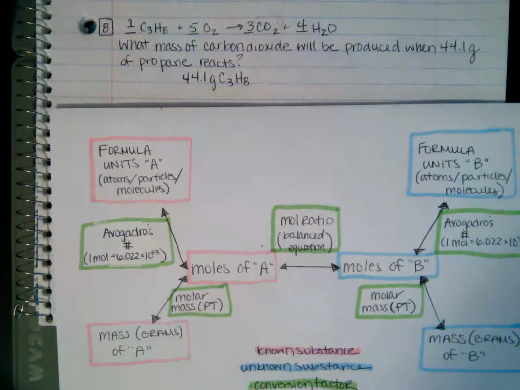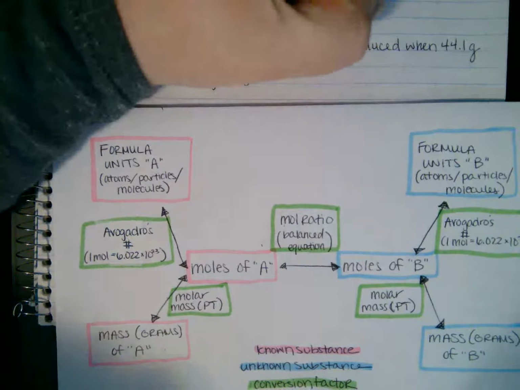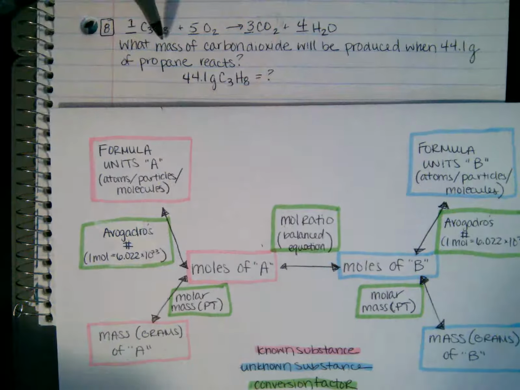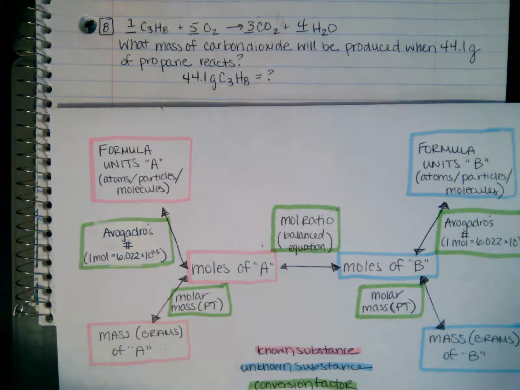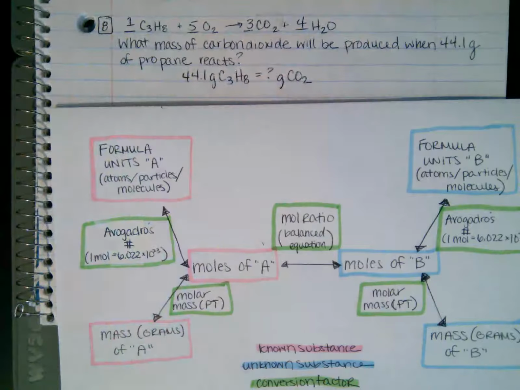So we have 44.1 grams of propane, and we want to know how much carbon dioxide mass, so that's going to be grams. What mass in grams are we going to be able to produce if all of that propane reacts? So we're given a mass of propane and we want to find a mass of carbon dioxide.